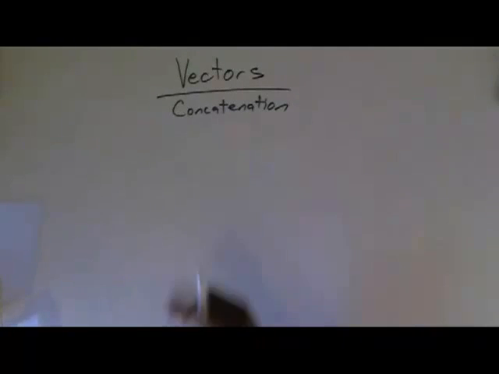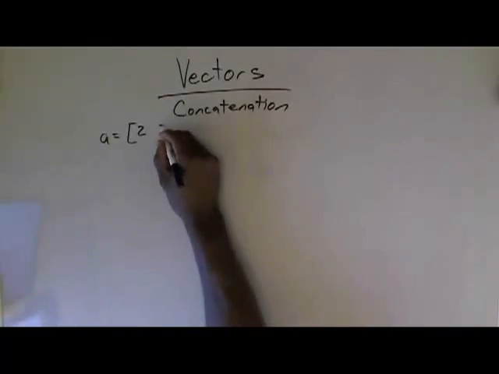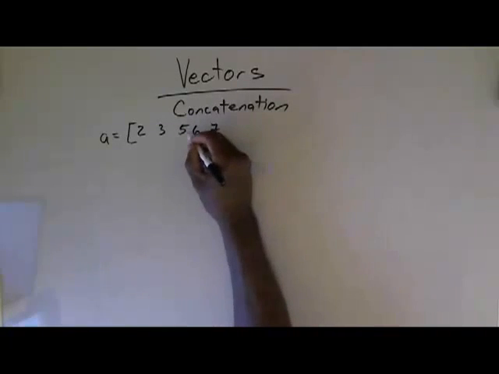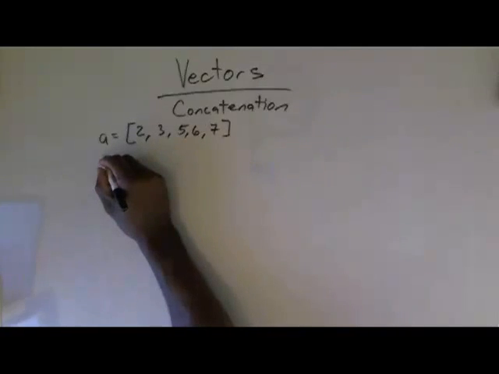And so if I had vector A equals 2, 3, 5, 6, 7, let me put commas in there so I can be clear.